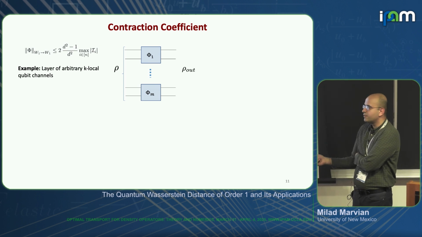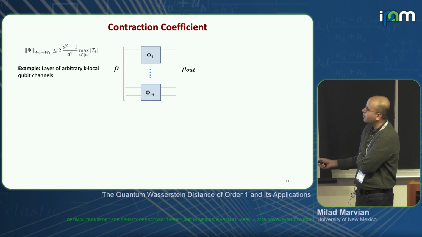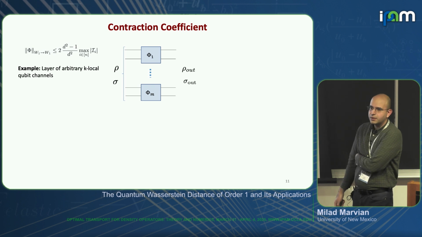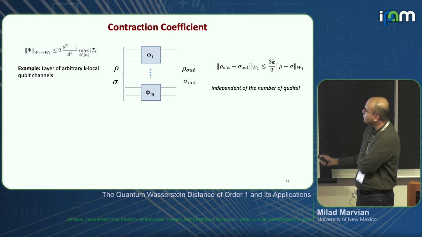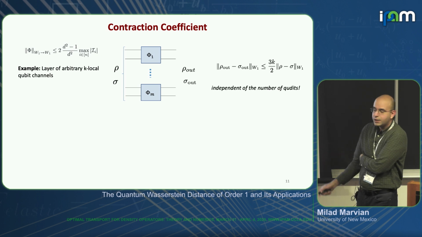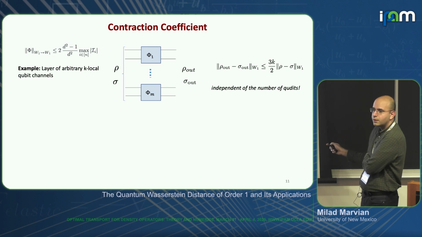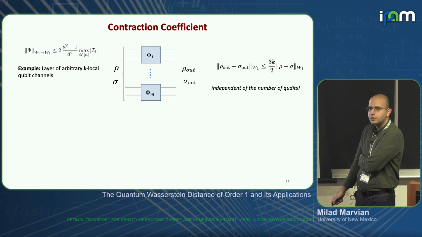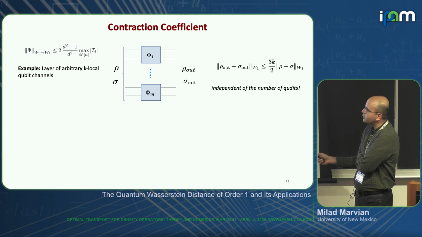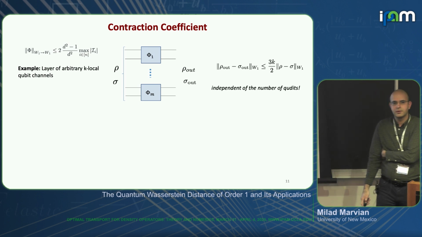A consequence of this is that if you have some state rho and you act with a bunch of different channels, phi 1 up to phi m, and you look at the output and call it rho out, and then you input another state, call it sigma, and look at the state you get, call it sigma out, and you ask what is the difference between the Wasserstein distance of these outputs compared to the Wasserstein distance of the inputs, you can show that this is a constant independent of the number of qubits, independent of how many things I'm putting here. Okay? So it's really about the light cone of things rather than the number of qubits you have.